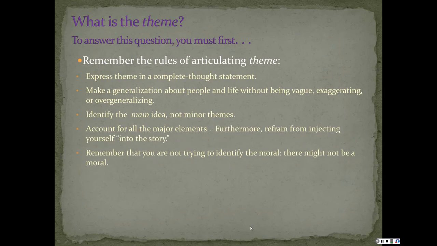So make sure that you account for everything, for the pilot, for Alice Kelling, for the innocence of Edie, for everything in the story. But make sure you don't inject yourself into the story. This is not about you and how you respond to this. It is what you understand based on what you've read.